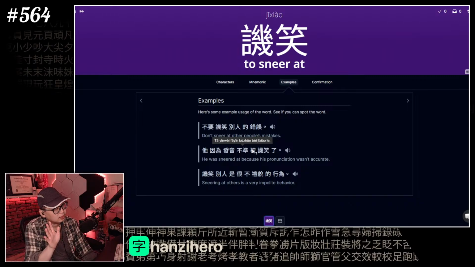Not allowed? Or it wasn't up to snuff? Wasn't accurate. 被讥笑了. 被 because. Oh no, no. 因为 is because. Due to. So basically due to inaccuracy.